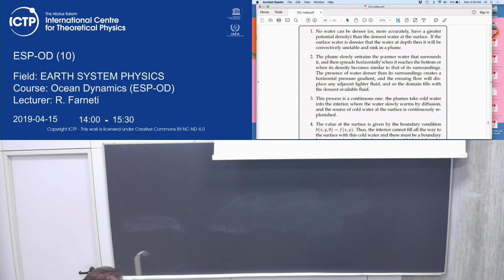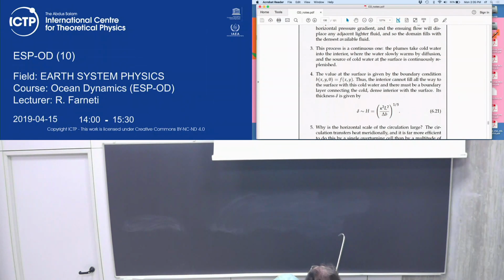Okay? So if you have differential heating or a differential buoyancy at the surface, this will give you a continuous circulation. The value at the surface is given by the boundary condition, which is some function of the buoyancy at the surface. And so the interior cannot fill all the way to the surface, because you have a boundary condition at the top.